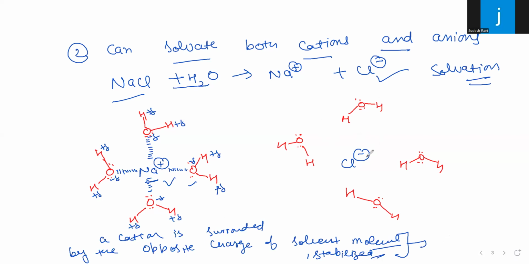Similarly, the chloride ion is also surrounded by water molecules. In solvation, opposite charges always interact with each other. Hydrogen has a partial positive charge, oxygen has a partial negative charge. I am assigning the charges to show how these molecules will interact with the chloride ion.